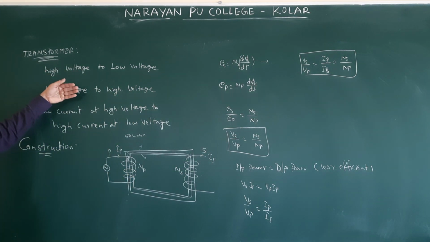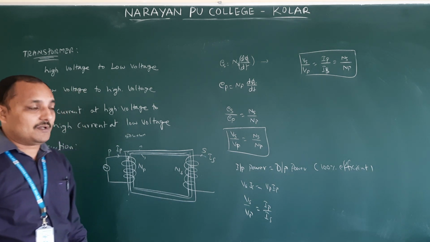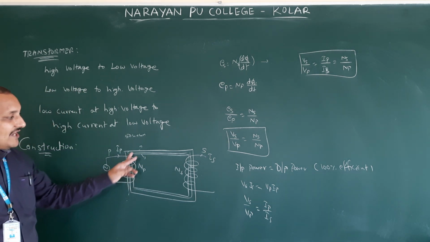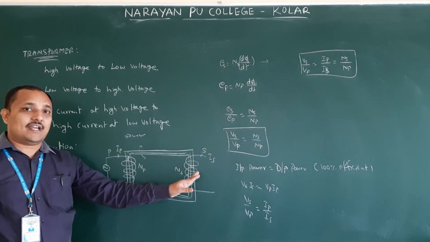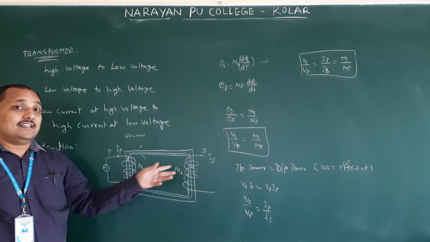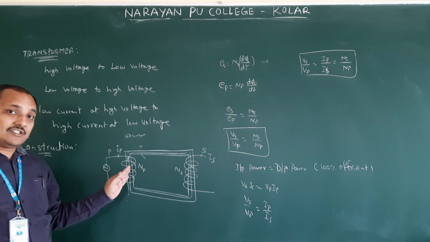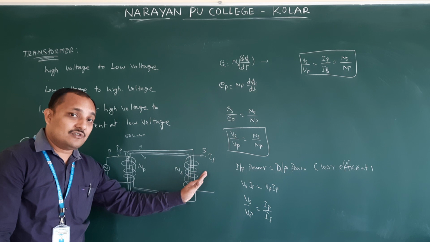What is the definition of transformer? Construction, working, and the principle will be there. What is the principle of the transformer? The flux is going here. These two coils are not in contact, but current is going to be induced. Is it self induction or mutual induction? In one coil flux is changing, in another coil current is induced.